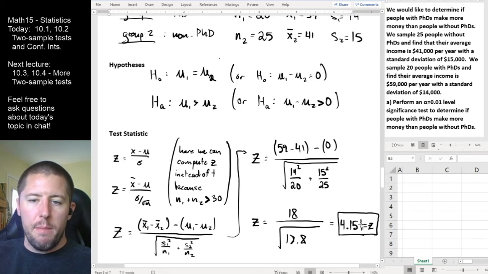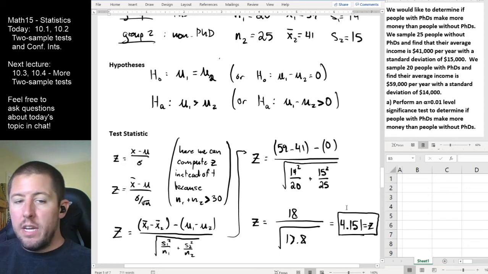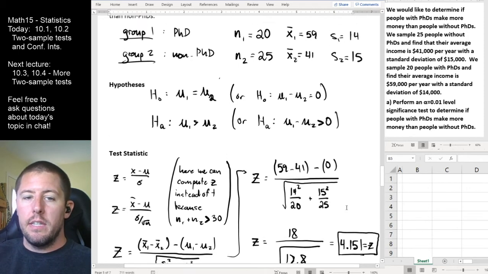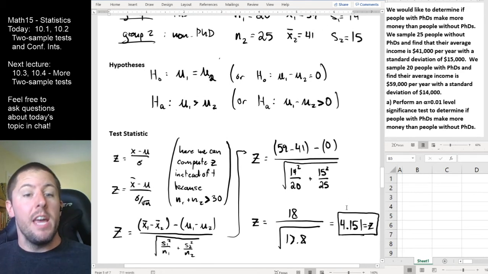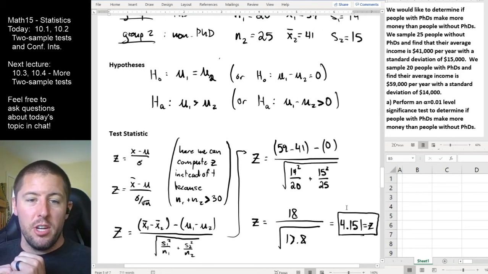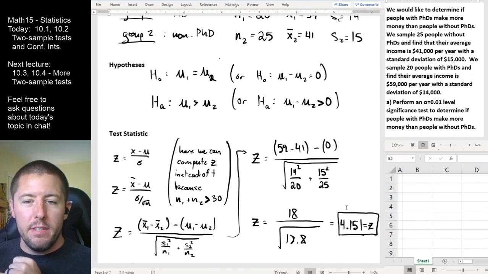So what this z value says to me is this: if it really is true that there's no difference in PhD salaries and non-PhD salaries, then these two samples that we just took represent a deviation from the mean of no difference by over 4 standard deviations, right?